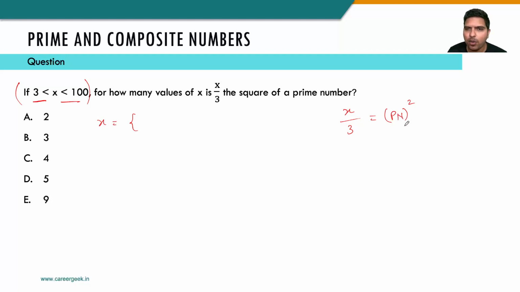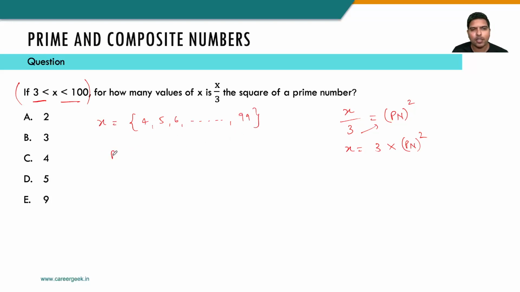So from here we know that x is 3 multiplied, 3 goes to the other side, by a prime number squared, right? Prime numbers are integers and 3 multiplied by an integer is always an integer. So x can take values from 4 to 99.